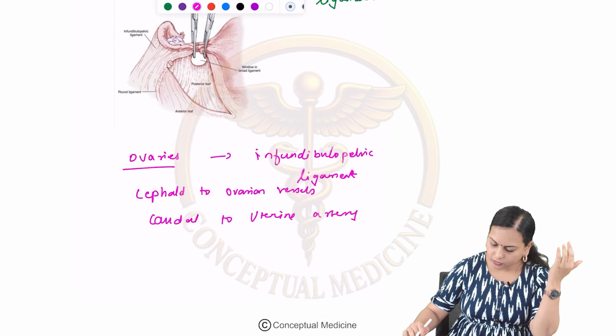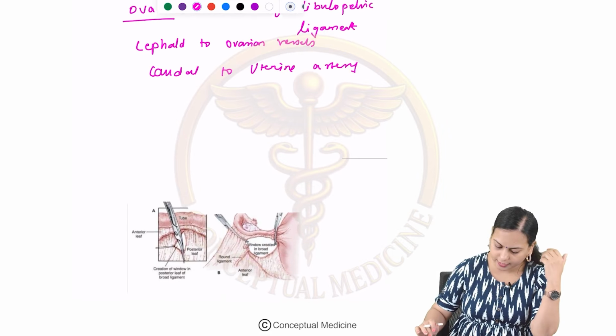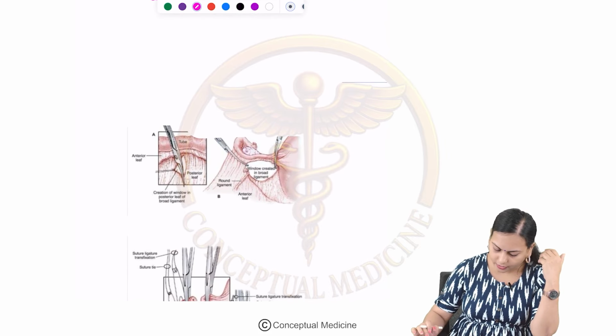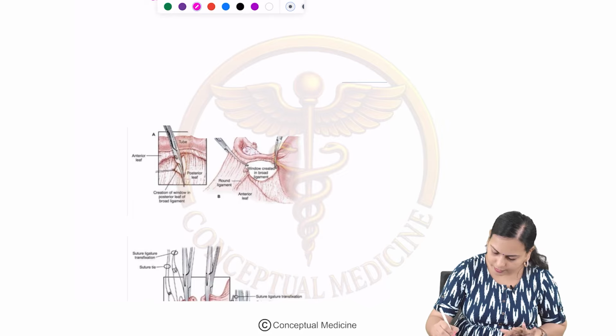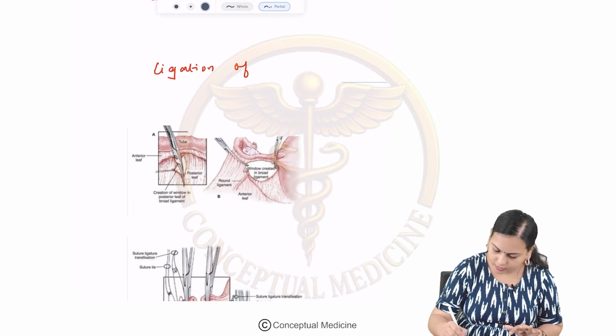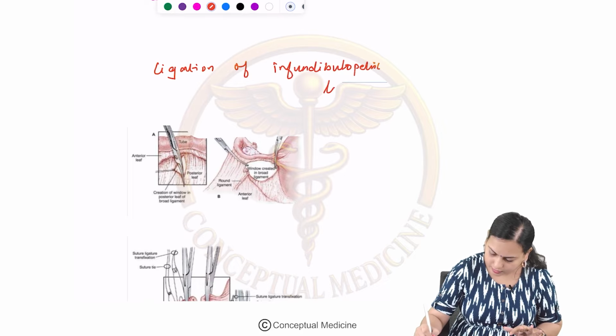When you do this opening, that will allow better exposure to see the uterine vessels and the ureter. Then we'll be doing ligation of the infundibulopelvic ligament.